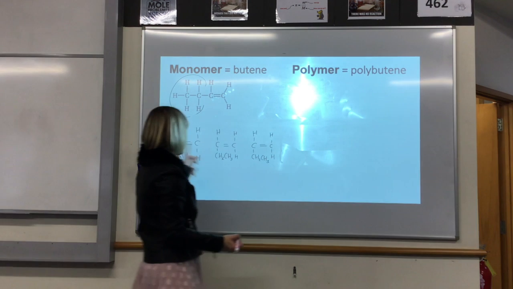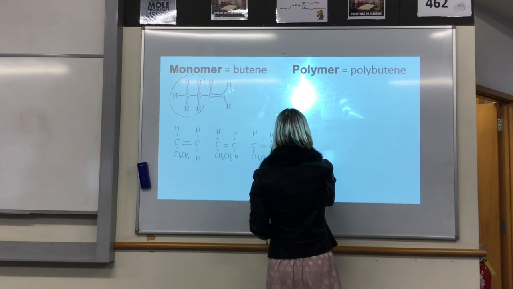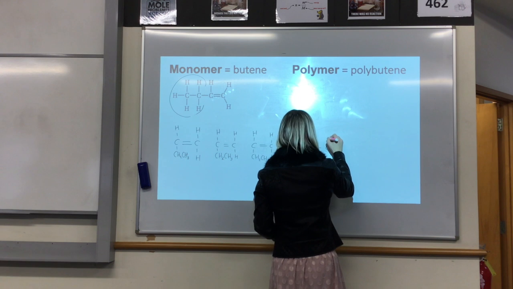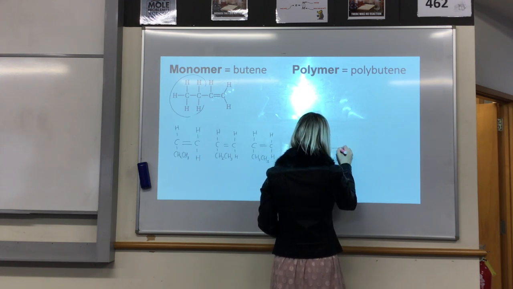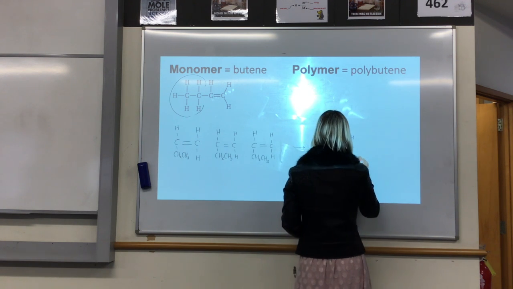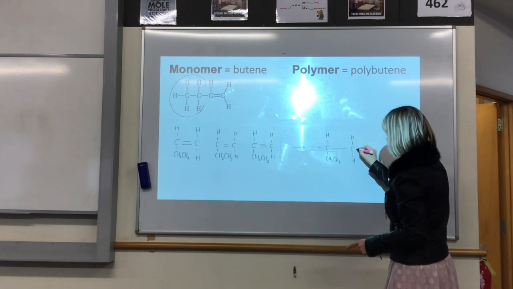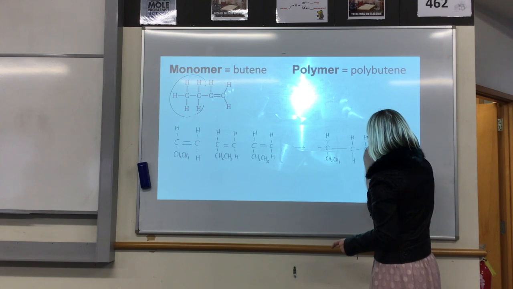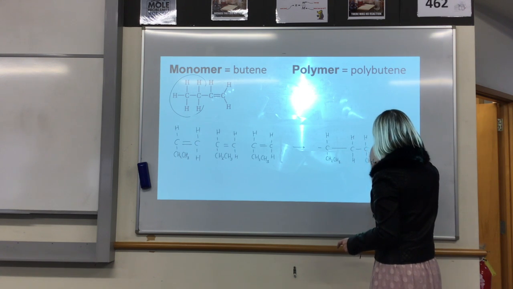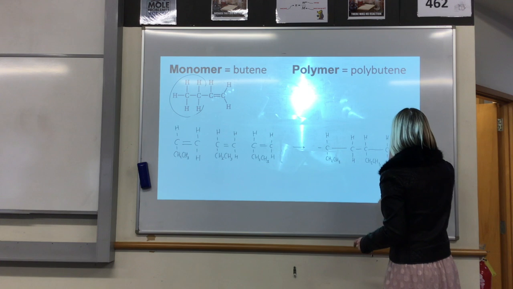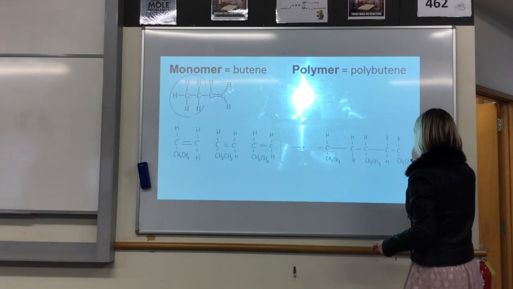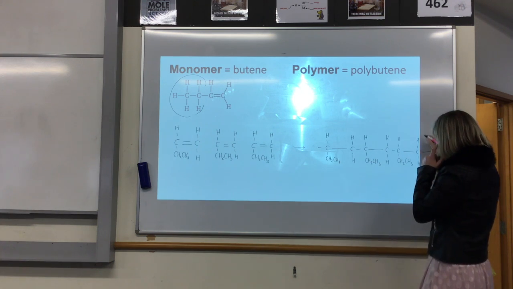And all we do is we break it up to show the polymer. You'd go H, and then you'd have your CH2, CH3, single bond, H, H. You can see it starts looking quite messy. H, CH2, CH3, CH, H, CH2, CH3, CH.